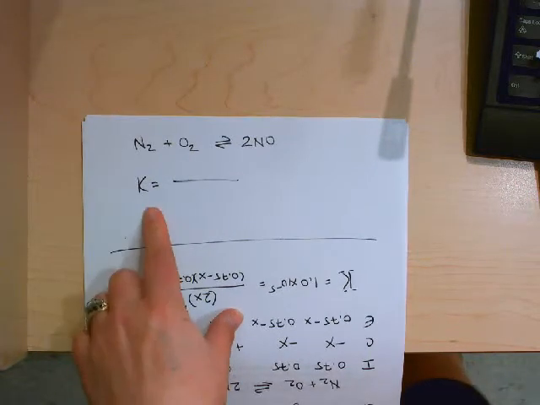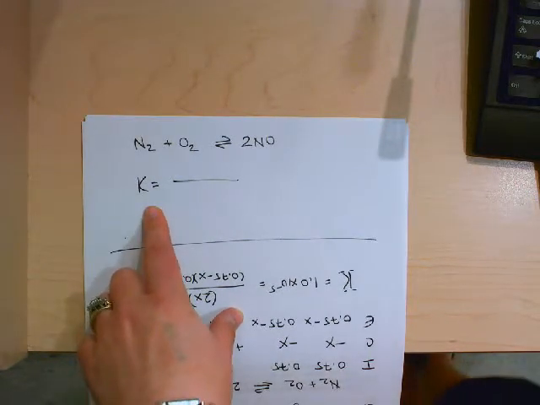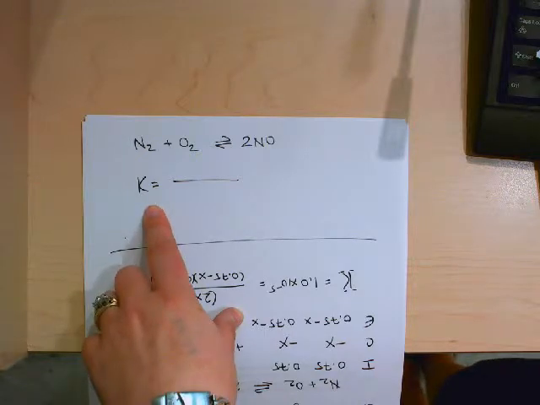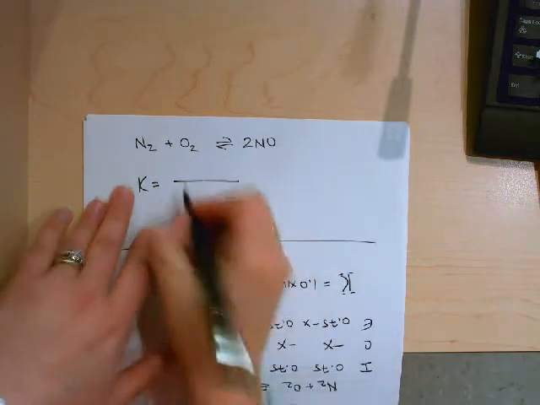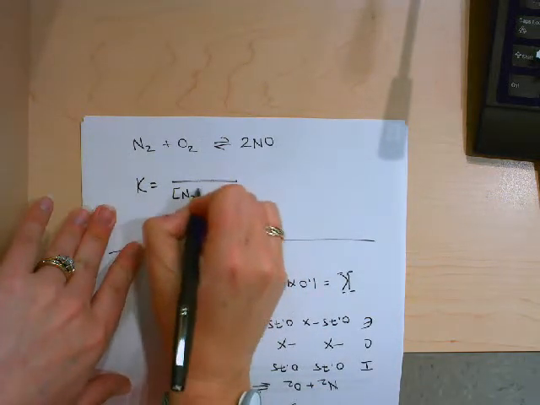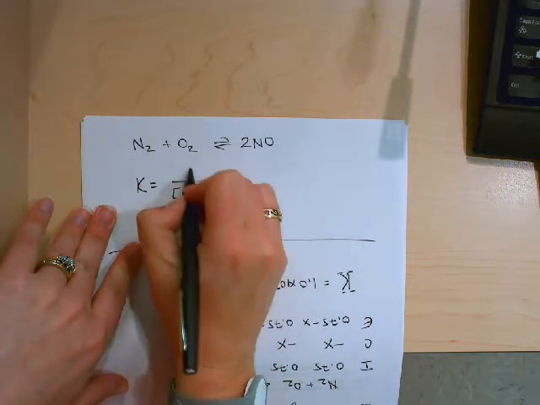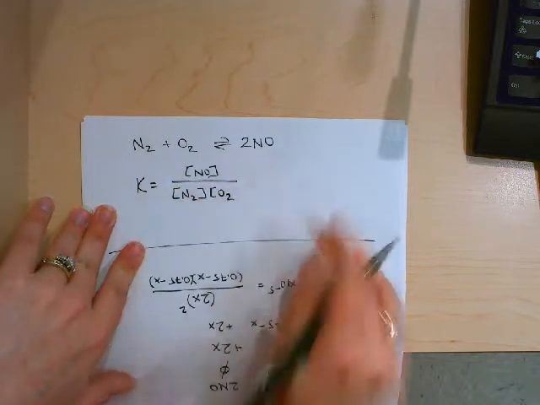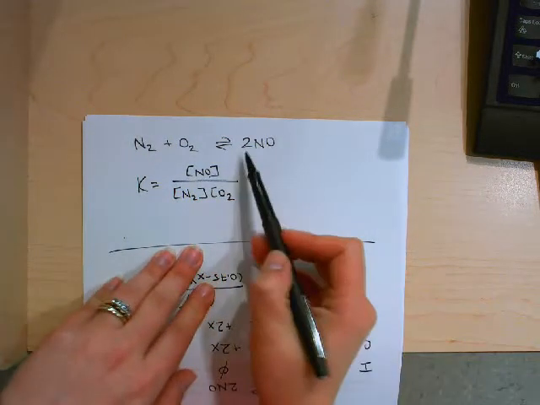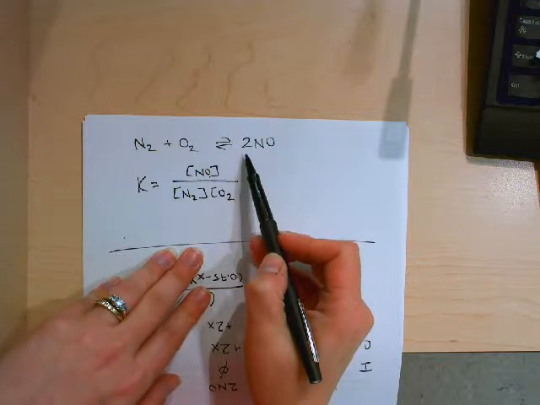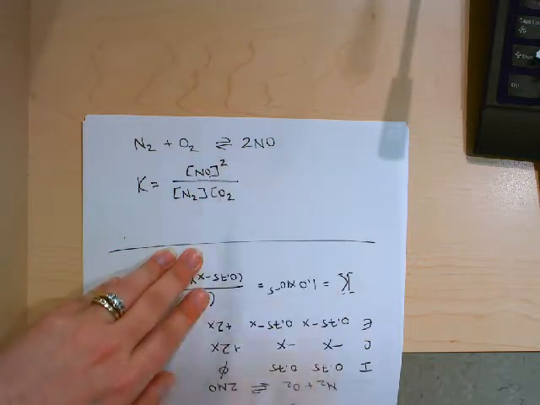If I wanted to write the equilibrium constant for this reaction, it's what over what? Products over reactants, and the reactants are this. And then what do I do about the factor of 2? That's why it's squared.